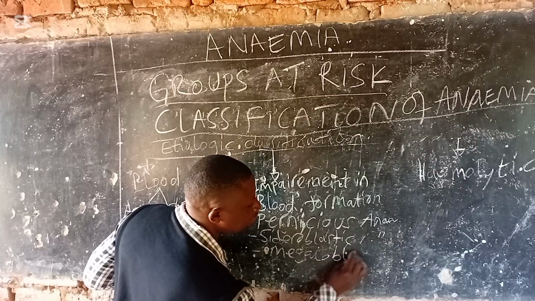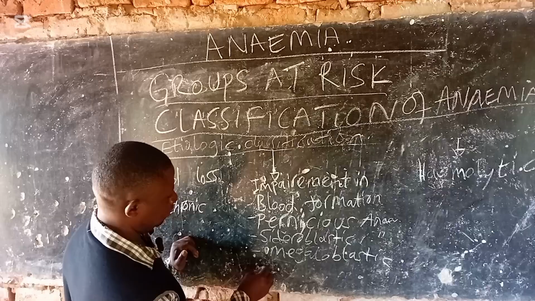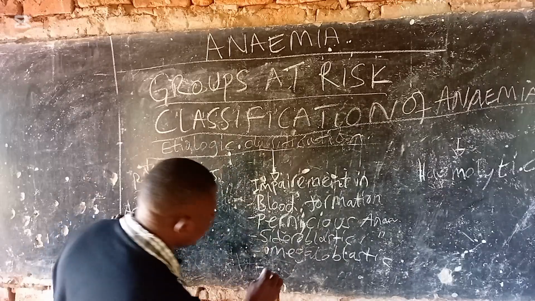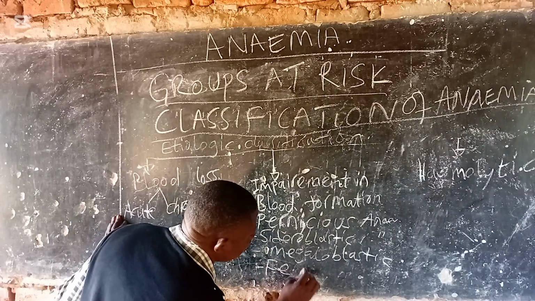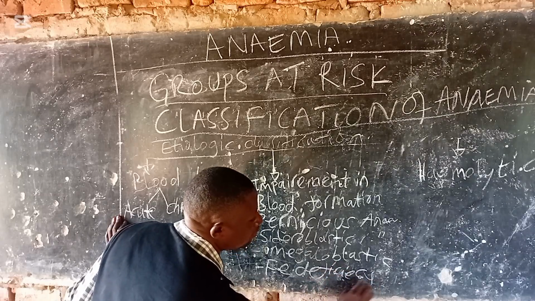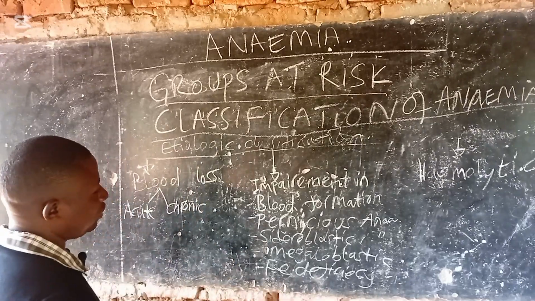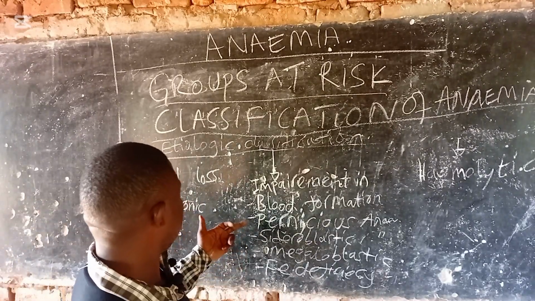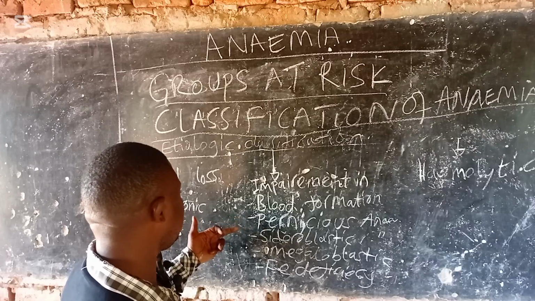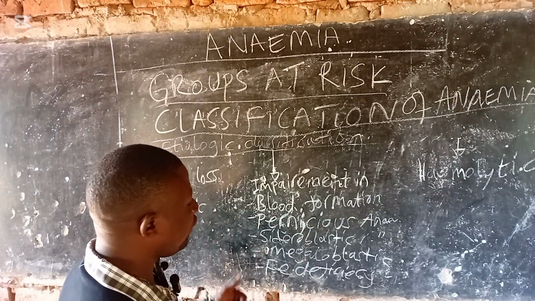We have pernicious anemia, sideroblastic anemia, megaloblastic anemia, and iron deficiency anemia.